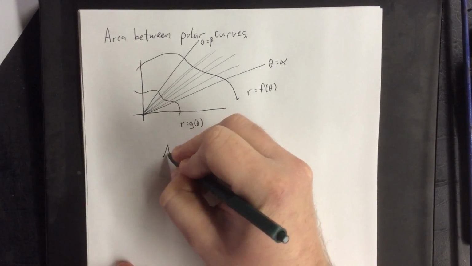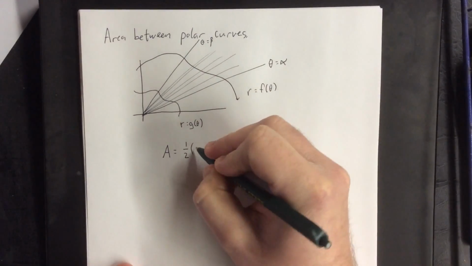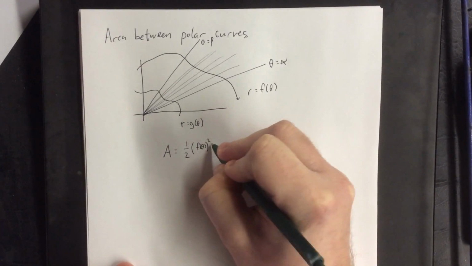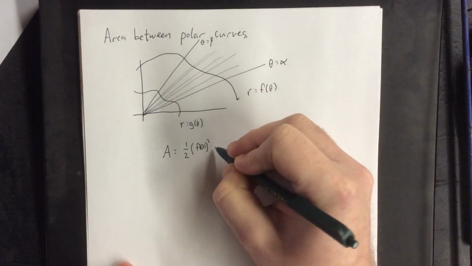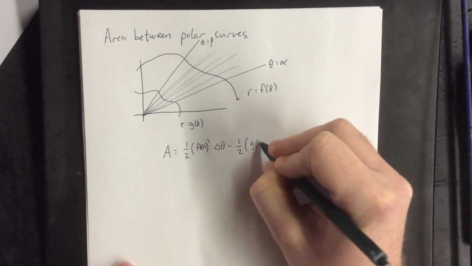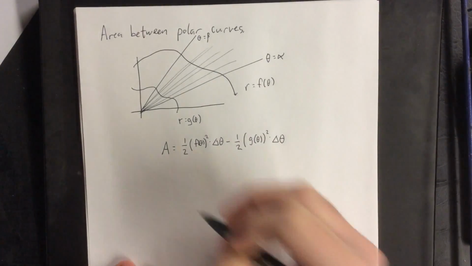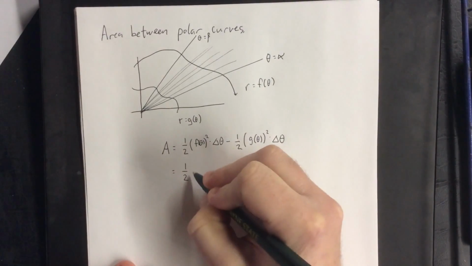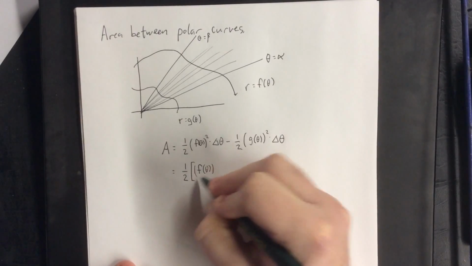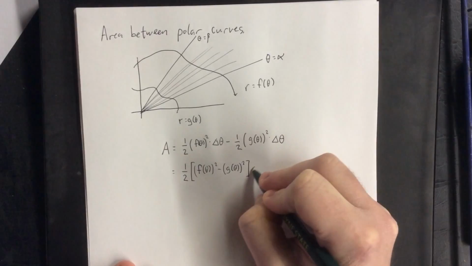It is for that purpose that the area is going to be equal to the outer sector, so 1/2 of f of theta squared times whatever the change in theta is, minus 1/2 times the inner function squared, also times delta theta. Now we could factor out some greatest common factors, like the 1/2 that they have in common. So 1/2 times f of theta squared minus g of theta, also squared, times delta theta.